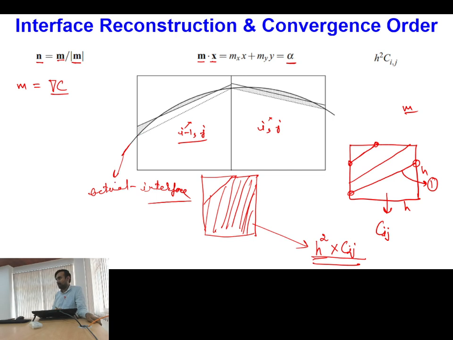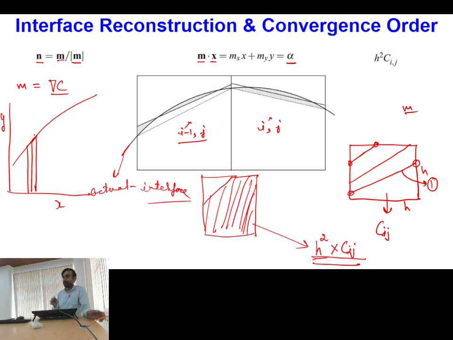Now if you need to calculate the area within each cell using the trapezoidal rule of integration, what do we do in the trapezoidal rule? If you have some arbitrary curve and you have to apply the trapezoidal rule to determine the area of the curve, we divide it in small segments, and the curve in each segment we approximate with straight lines.